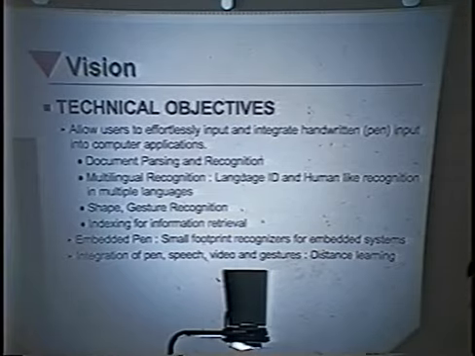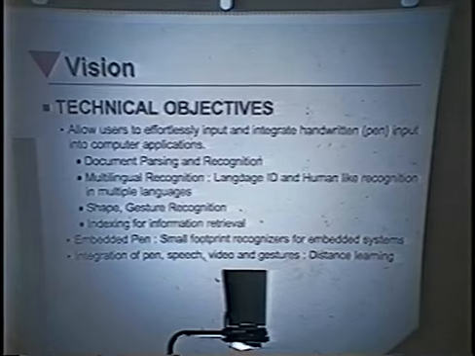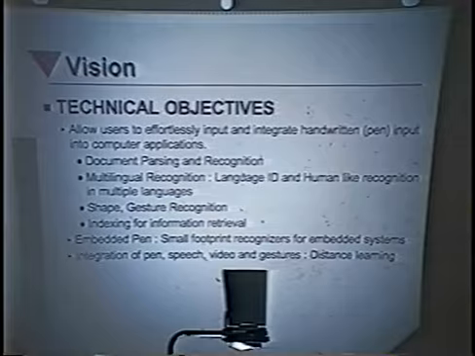Shape and gesture recognition. For handwriting, you can't avoid doing shape and gestures, because shape input is what people use pen a lot for. So you need to look into that. Finally, indexing for information retrieval. As I said, I marked keywords in my document. Here's what people want to do.